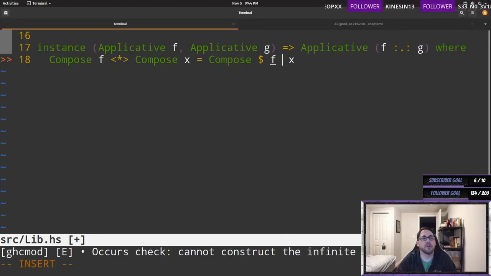So wait, no, because f is inside of two fmaps. So this is where you need probably some wild shenanigans.